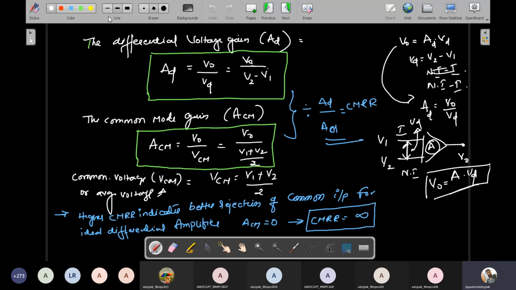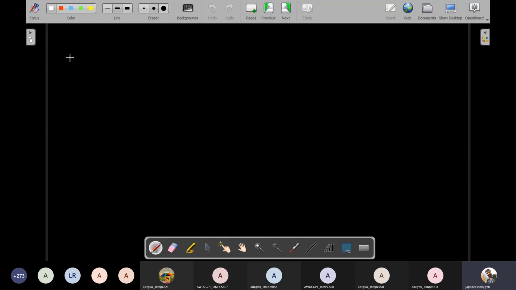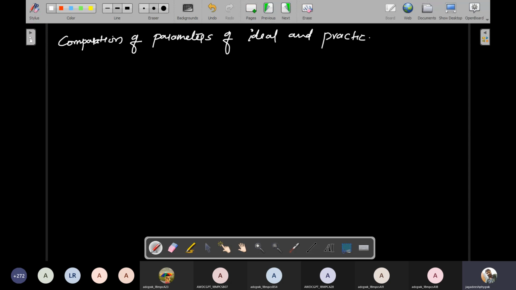Now, this is the important chart. Comparison of parameters of ideal and practical amplifiers. Comparison of parameters of ideal and practical op amp.